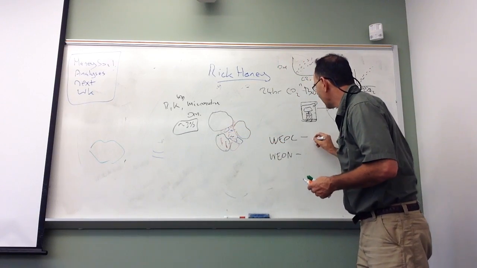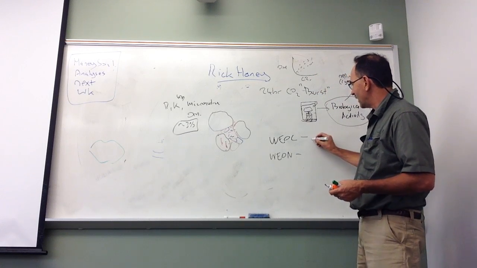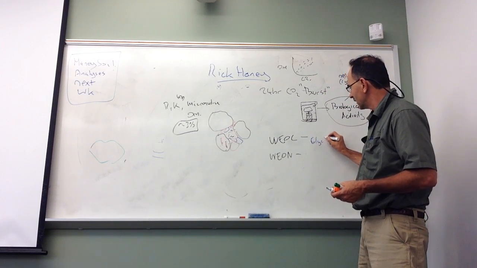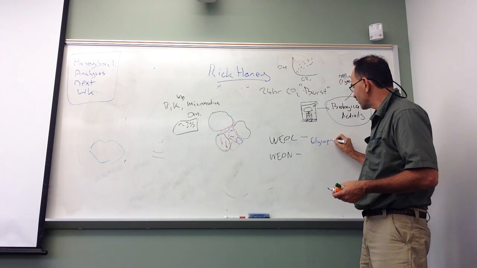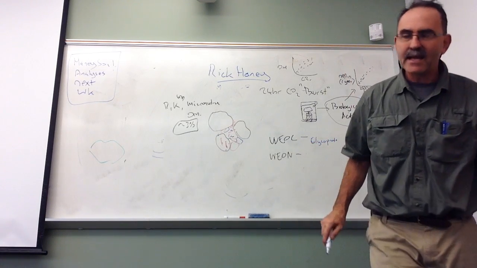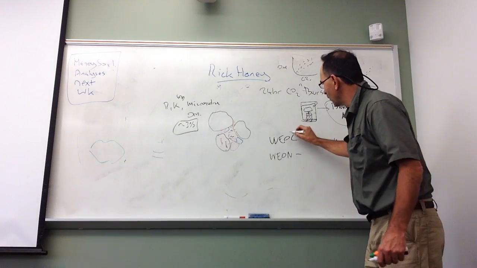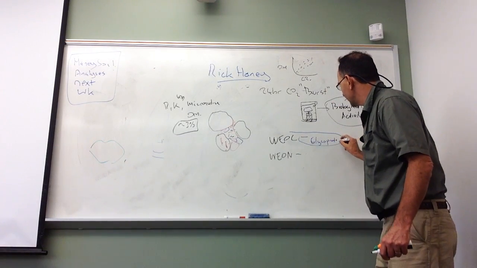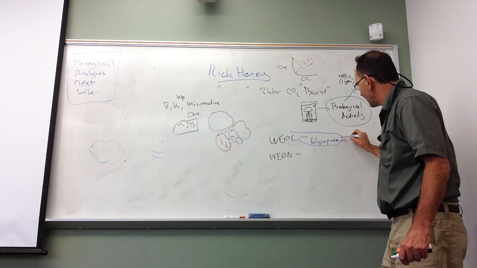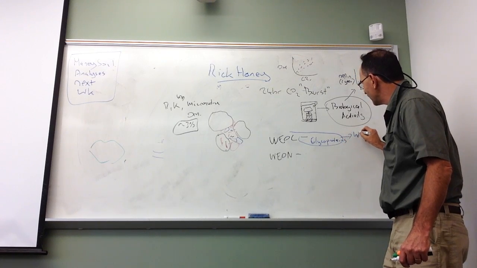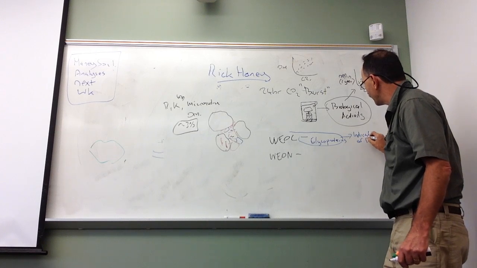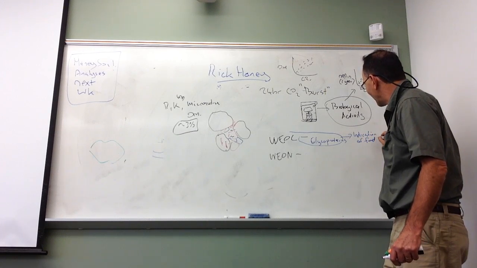These are things like glycoproteins, sugar proteins, both the carbon and the nitrogen. And this WEOC is really an indication of food for microbes.